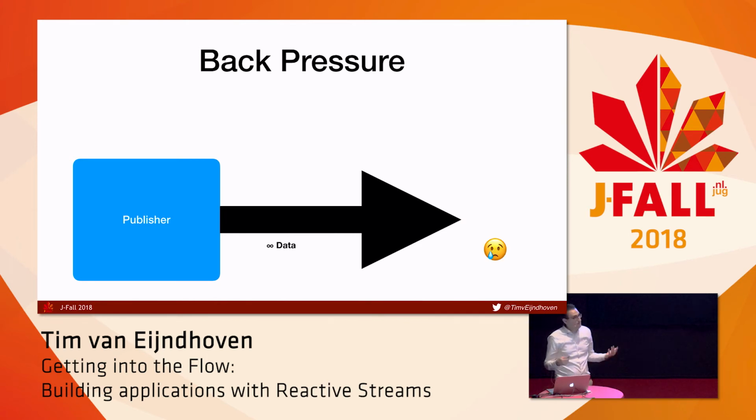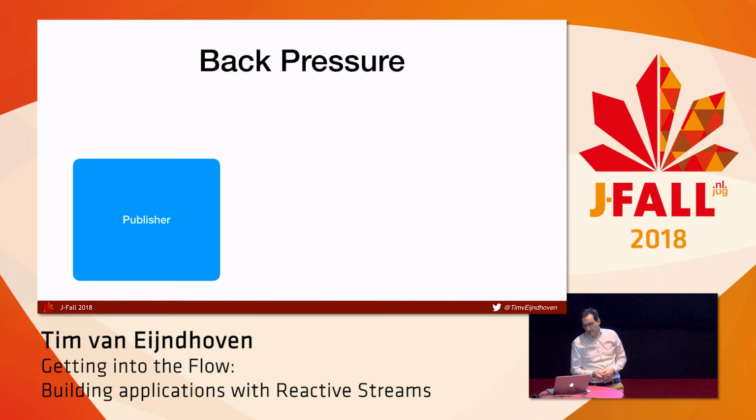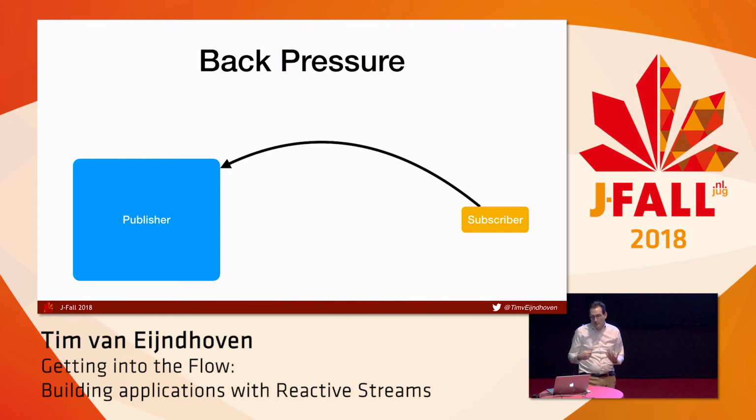Okay, so let's try this again. The people defining the whole Reactive Streams, or building these systems, noticed that this has to be addressed, because this is a real concern. You have no control over many of the publishers that you tie into. So actually what happens is this whole control mechanism, right? The subscriber tells the publisher, give me n items.